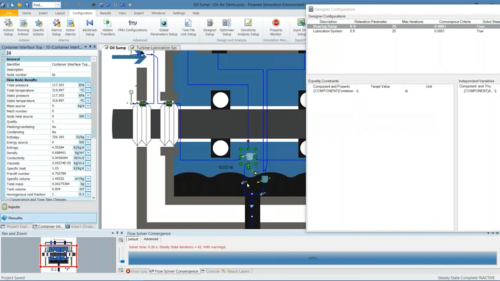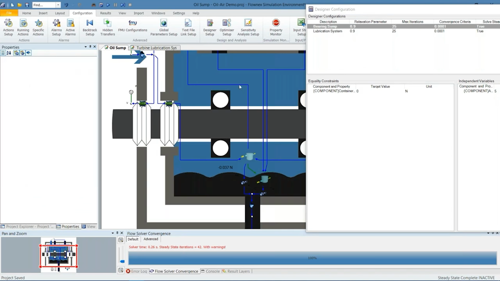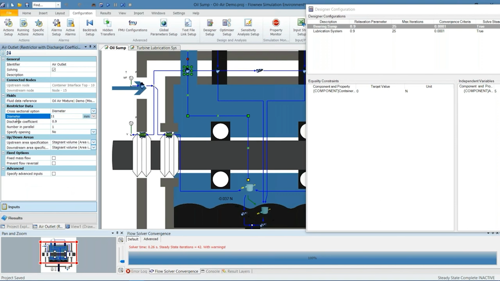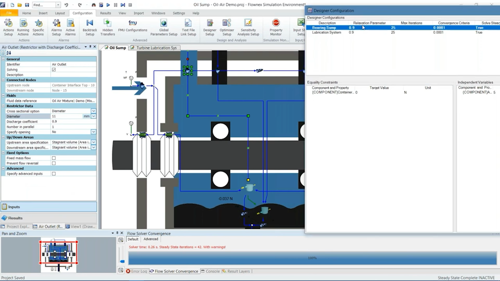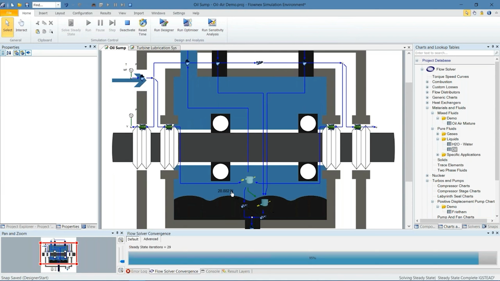Here we would take the force imbalance result on the container interface component, just drag this into the equality constraints, set the target value as zero, and then drag in the size, the diameter of this air vent outlet, and have Flownex change that size automatically until we see a zero force imbalance.